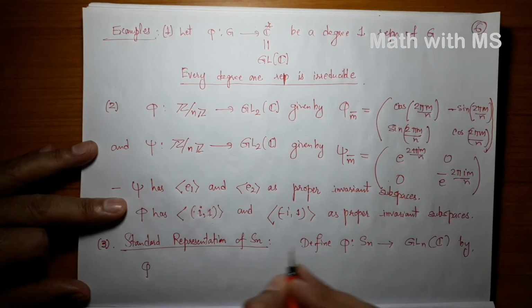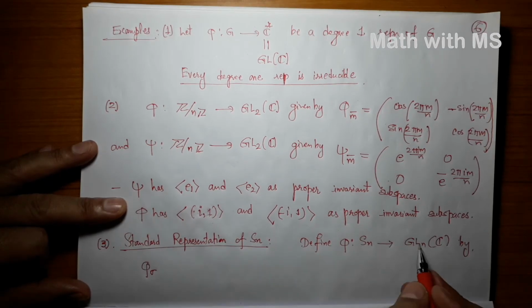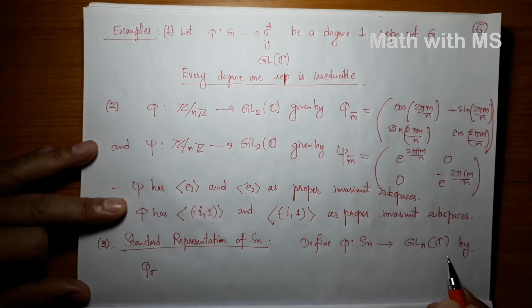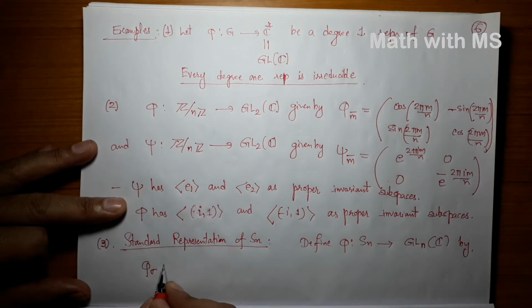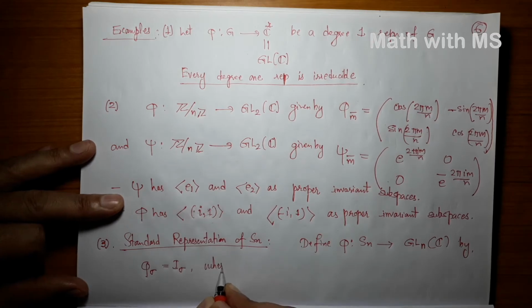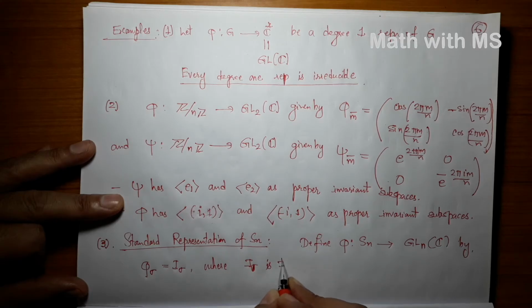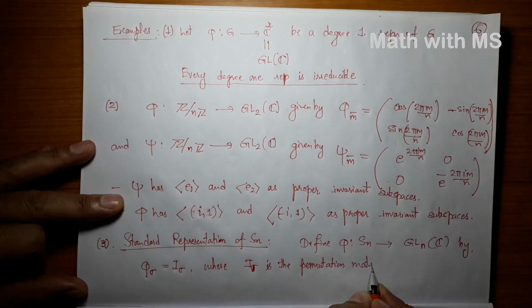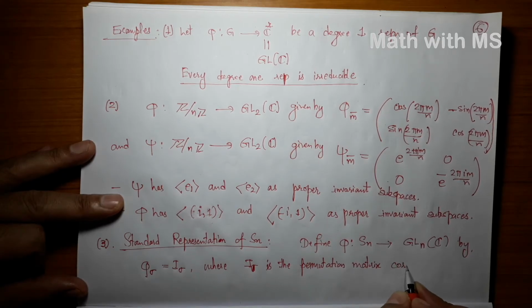Phi will act on any permutation sigma, and where will it send it? I already talked about it in the first video. Phi of sigma is just the permutation matrix corresponding to the permutation sigma.